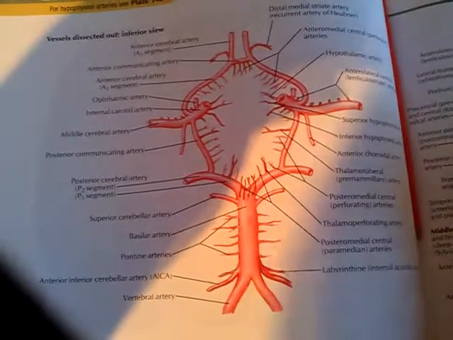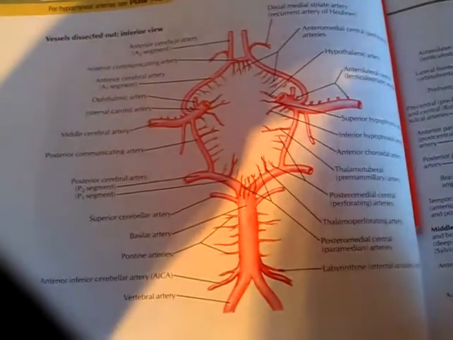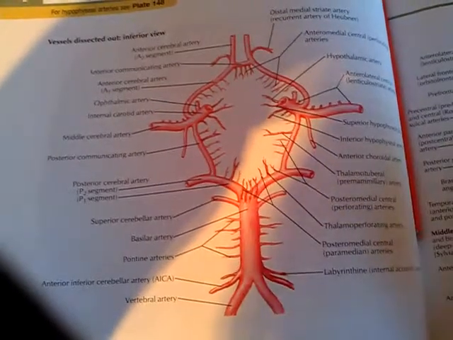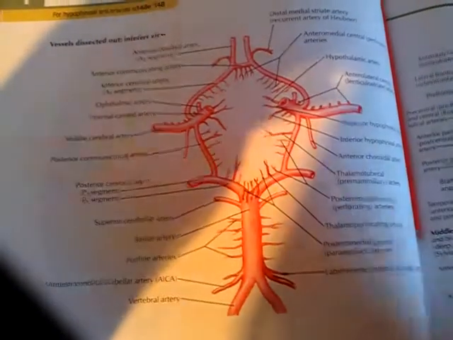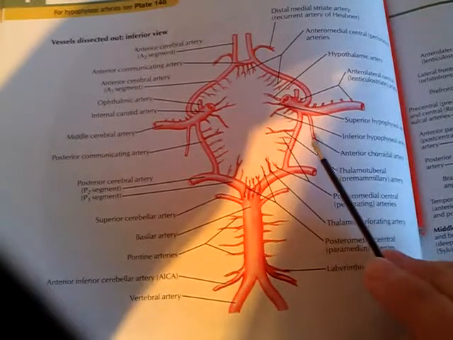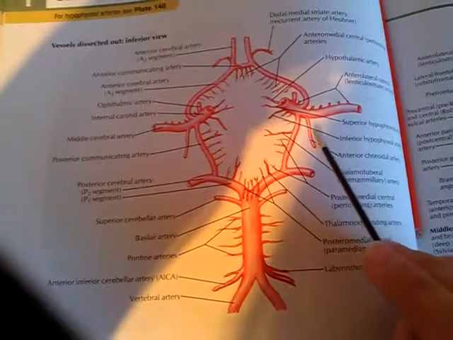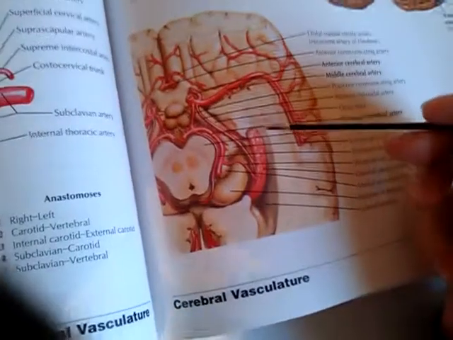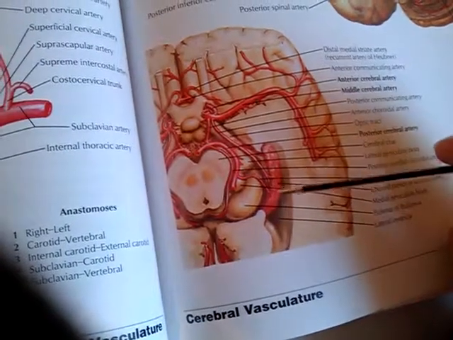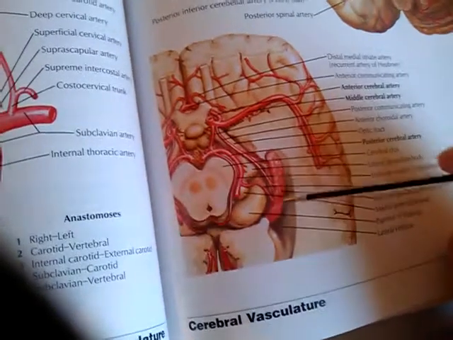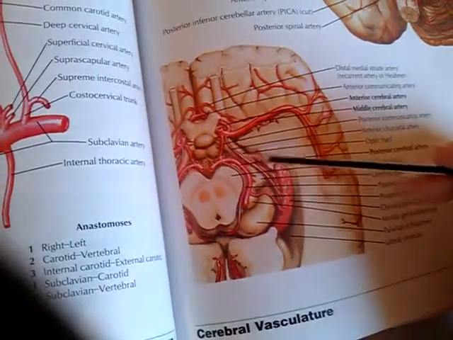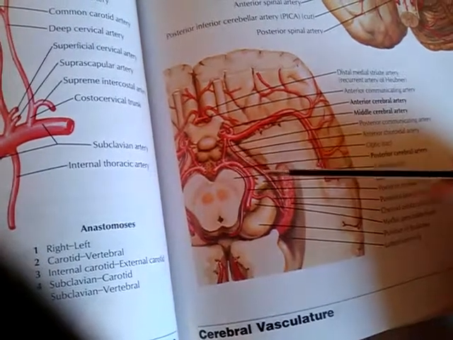Lastly, we have choroid arteries that enter the hemispheres to supply the choroid plexus of the ventricles of the central nervous system. Here you have the anterior choroidal artery. Here you can see the choroid plexus of the lateral ventricle, and this is the anterior choroidal artery.